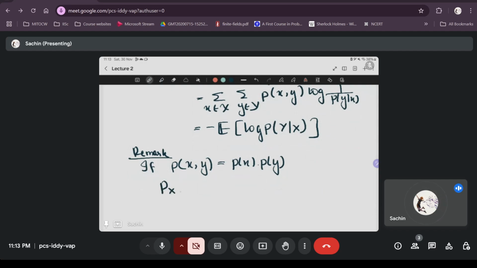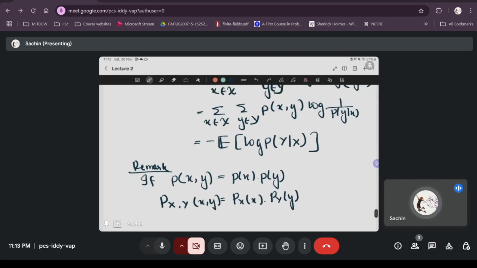That is, p_XY, the joint distribution of x comma y, is equal to p_X of x times p_Y of y. Whenever it is obvious, we'll just drop it in the notation, but this is what it actually means. If this holds, then we say that x and y are independent random variables.